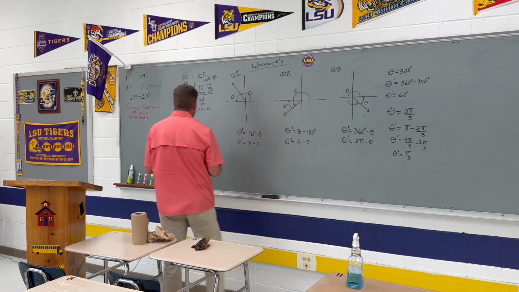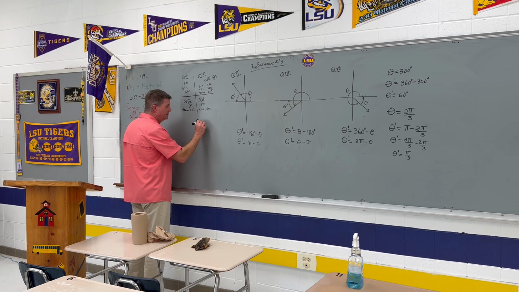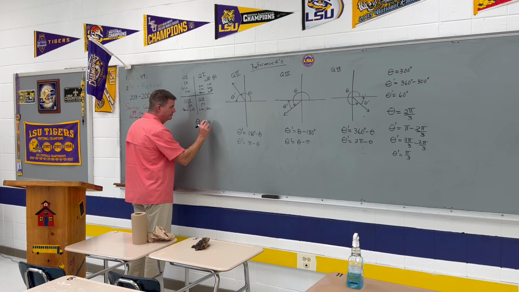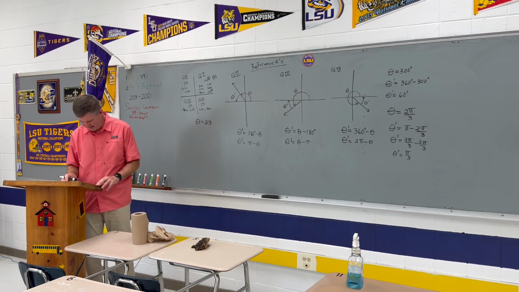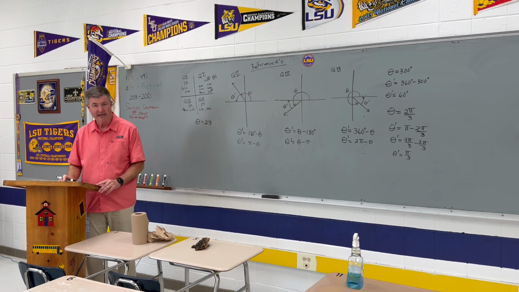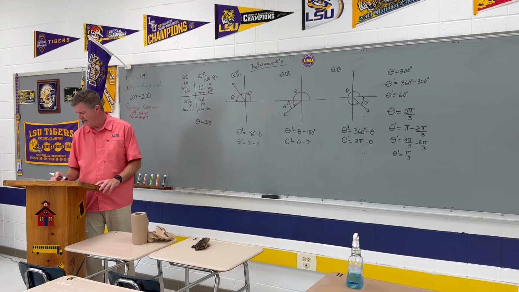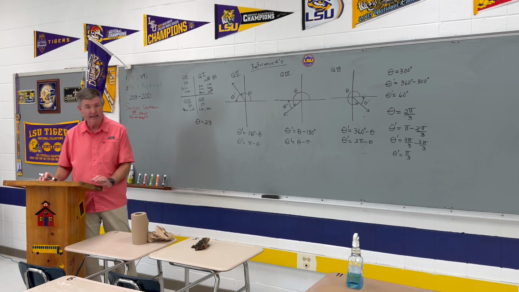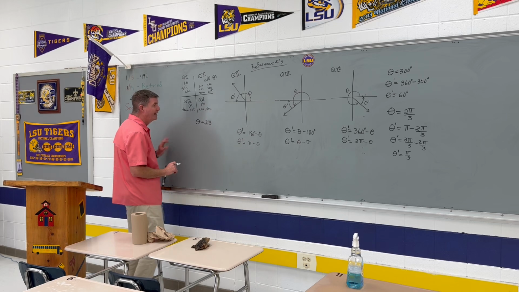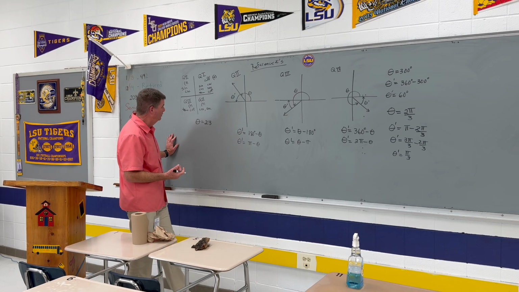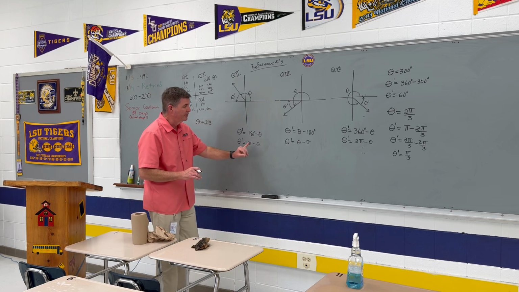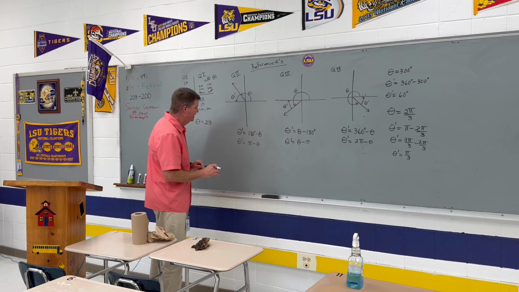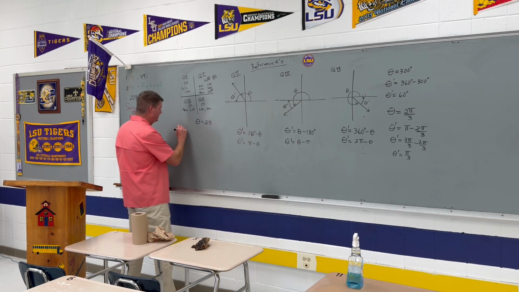And finally, what happens if theta is 2.3? First thing we ask is, is 2.3 a degree or a radian? And the answer is, it is a radian. So we then ask ourselves, what quadrant would we be in? Well, we're not used to seeing it with just a number. We're used to seeing it in terms of pi. So we say, all right, where is pi at?